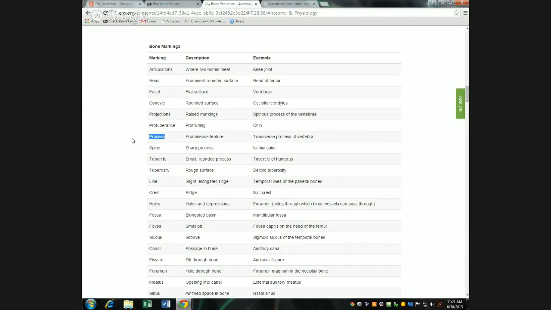And then in the next section of the limb, you have two bones: the radius and ulna in the arm, and the tibia and fibula in the leg. They are analogous to each other. The ulna and the tibia are very similar, and the radius and the fibula are similar. One thing that makes the ulna and the tibia alike is that they are the bone that makes the joint with the upper limb bone.